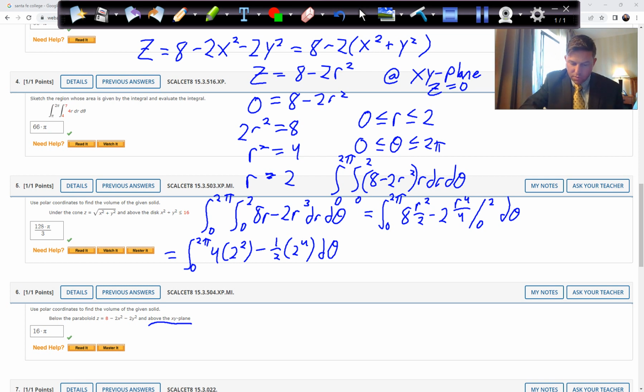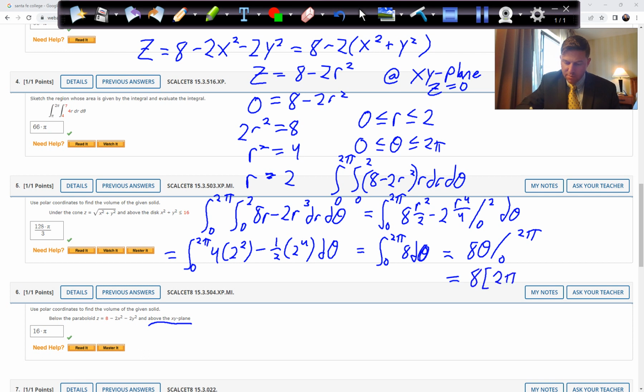So all of this will reduce to 8 d theta. And the antiderivative of 8 d theta is just 8 theta from 0 to 2 pi, which is equal to 8 times the quantity 2 pi minus 0, which is 16 pi.